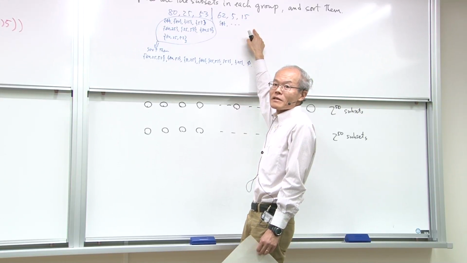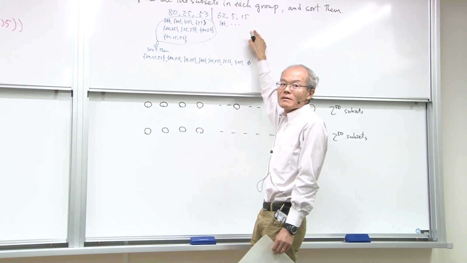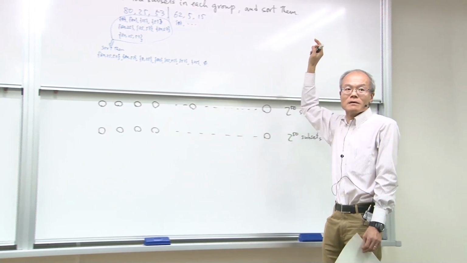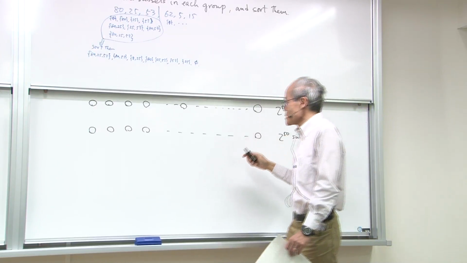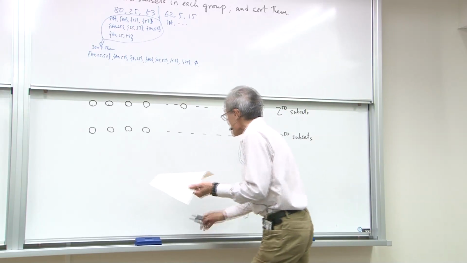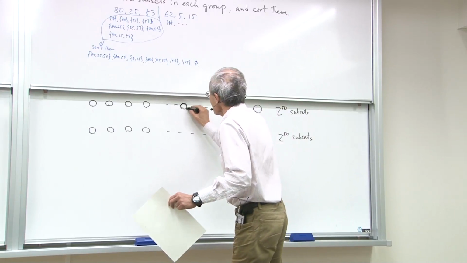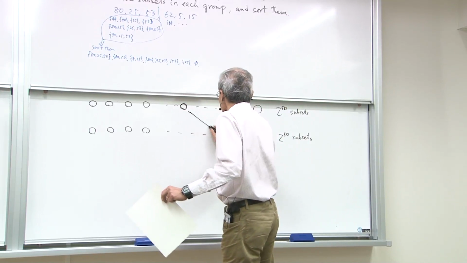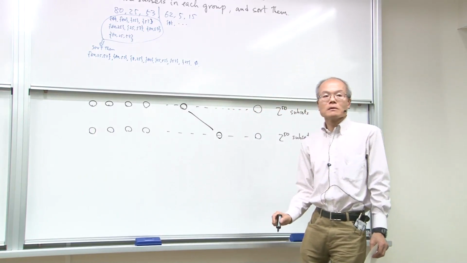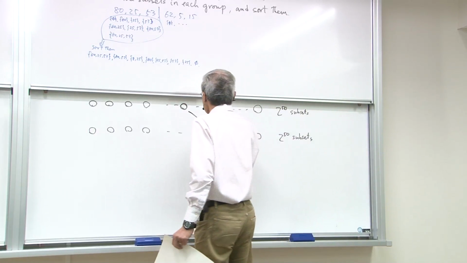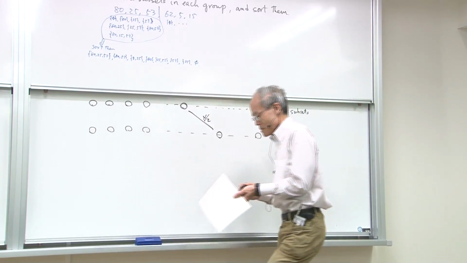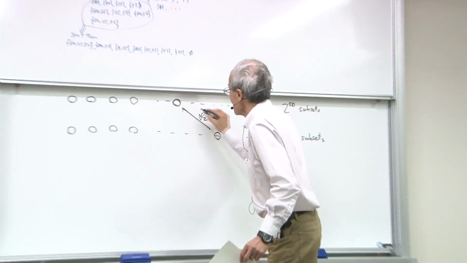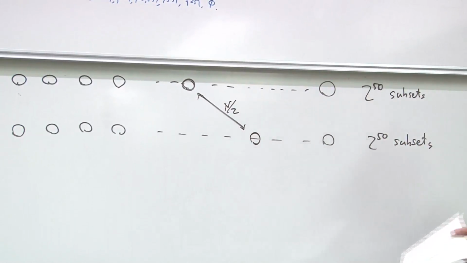That is your final answer. Okay? Clear? So what you'd like to do is to find this and this, whose sum is n over 2. That is your task.